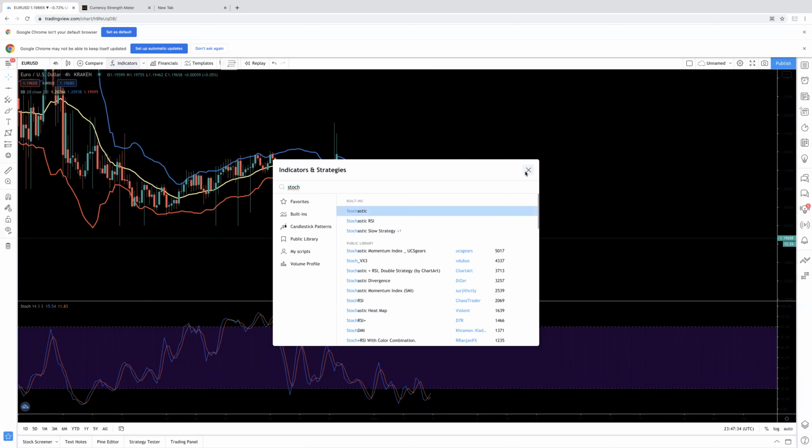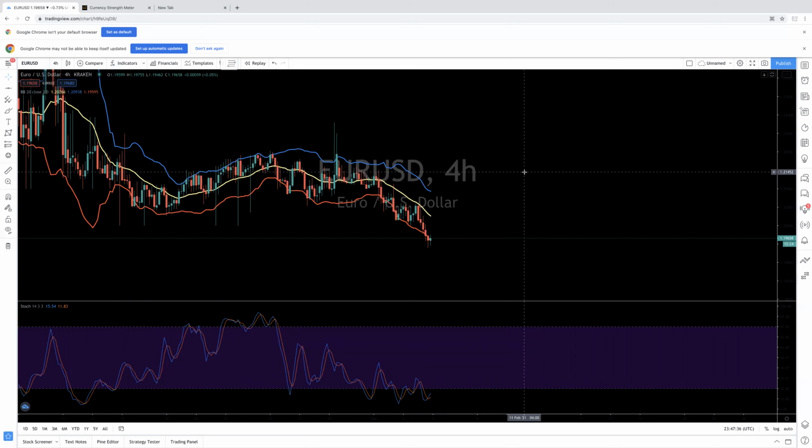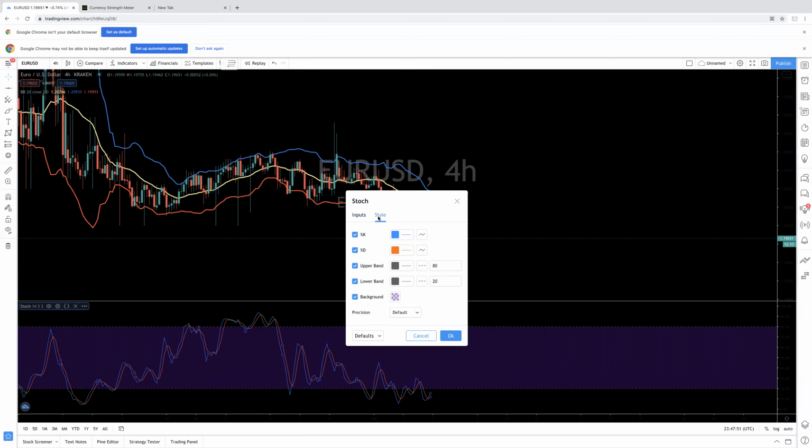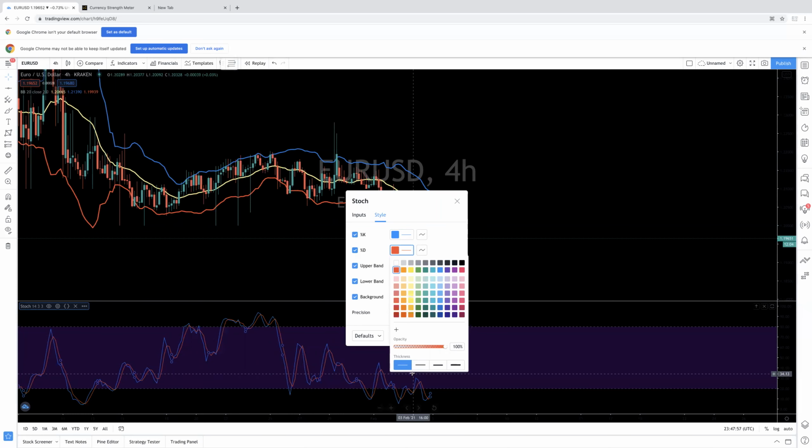Okay, guys? So here we have the stochastic, and this is exactly what we are looking for, guys. So the settings for the stochastic, let's go here and look at the settings. The K line, we want that to be blue. And the D line, we want that to be red for our sell, just like up top.